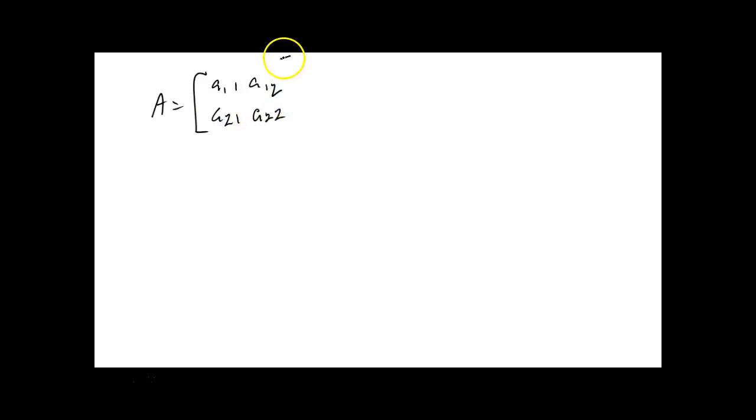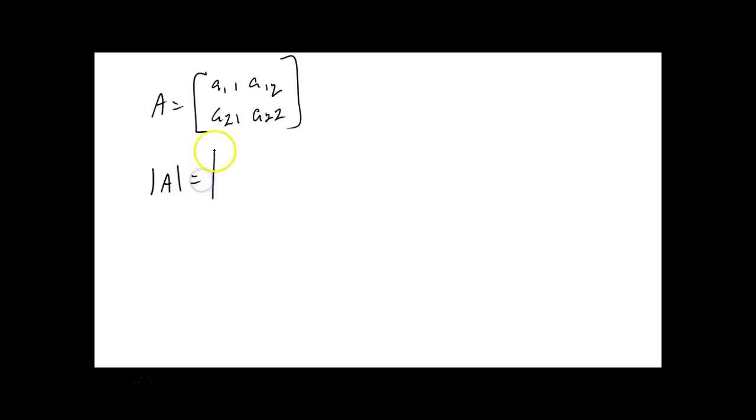Sorry, those ones got sort of far apart there. The determinant of A, and the single bars stand for determinant. Now that might look to you like absolute value. Don't get it confused with absolute value. You see single bars around a matrix, that doesn't mean absolute value, that means determinant.